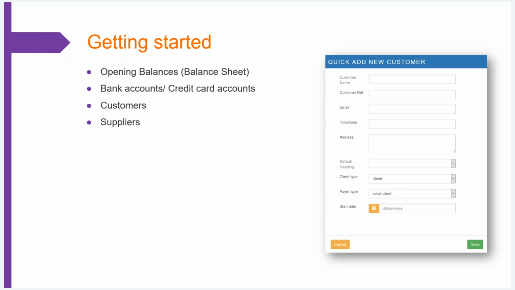The other things that are needed are the details of customers and suppliers. They're super quick and easy to set up: a code, a name, and a default heading. And then those initial setups are dealt with in the initial training that's included in a subscription.